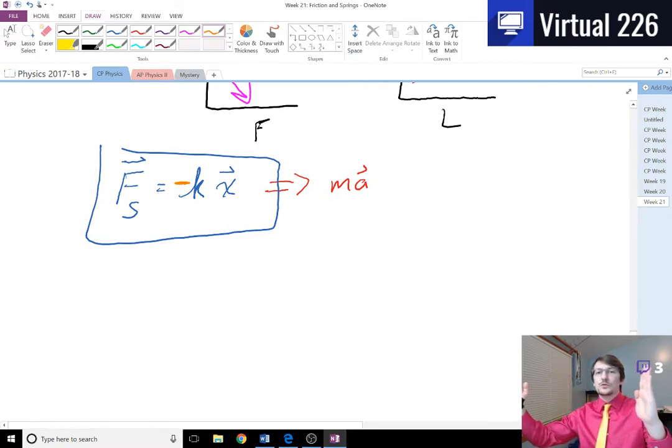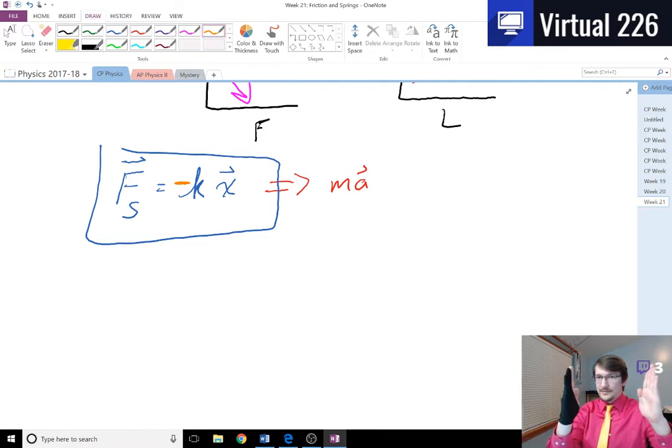It always wants to oppose the direction you pulled it. So if you pulled it in a positive direction, that force wants to pull it back negative. If you pushed it in a negative direction, well, a negative of a negative is a positive, and it wants to push back. So it's a restoring force. It always wants to oppose whatever you've done to it, and that's what that negative means.